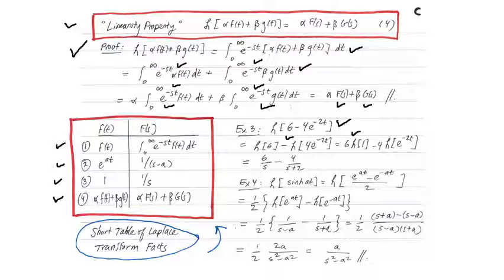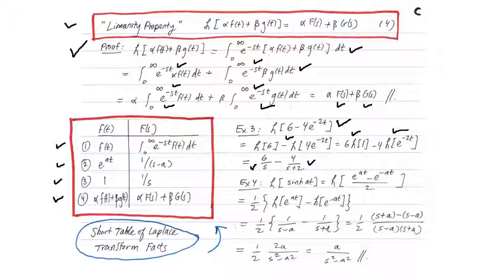So that would be alpha in terms of my general formula, a constant that we can pull out. We can pull out 4 from the second part, and then we just have the Laplace transform of 1, which is 1 over s, and the Laplace transform of e to the minus 2t, which is 1 over s plus 2.